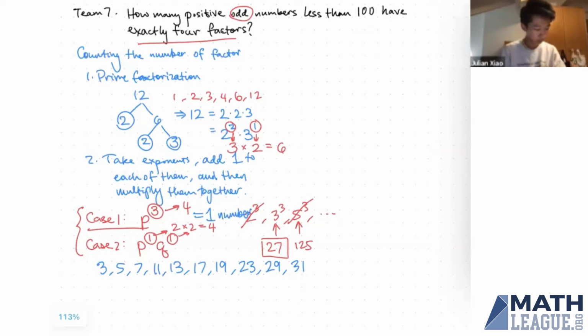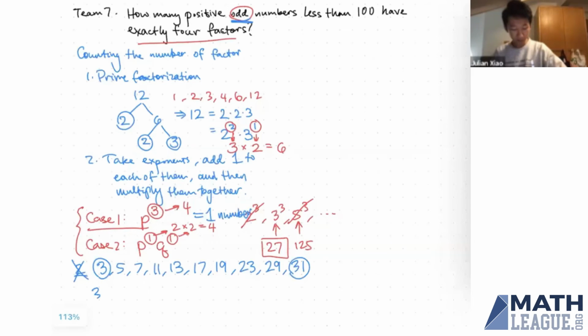Okay, I think that should be all of them up to 31. Excluding 2, because remember, we want our number to be odd. So I'm going to start, say, with 3, and I want to find the largest prime number that I can multiply to 3 that will give me a result less than 100. And in this case, 31 is the largest number where the product is less than 100.